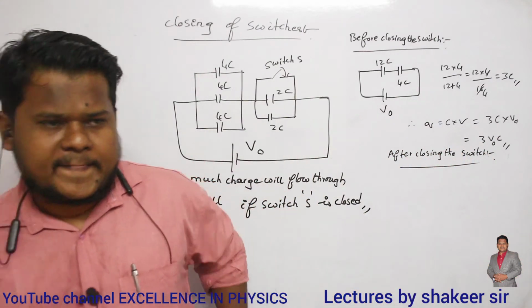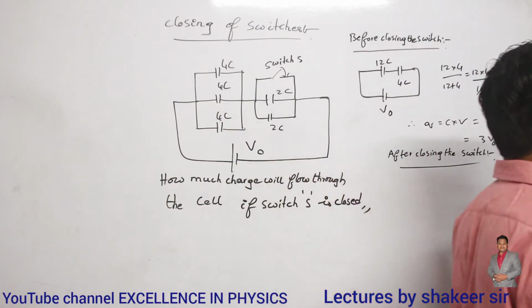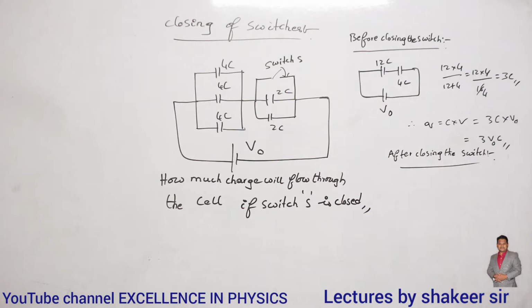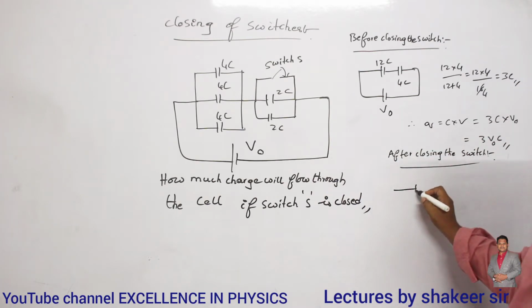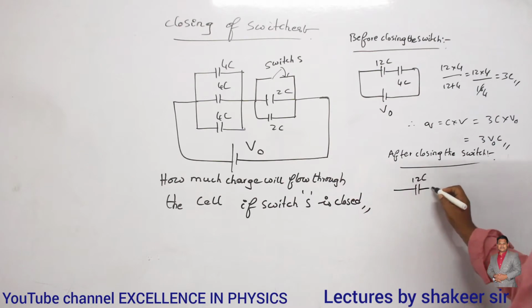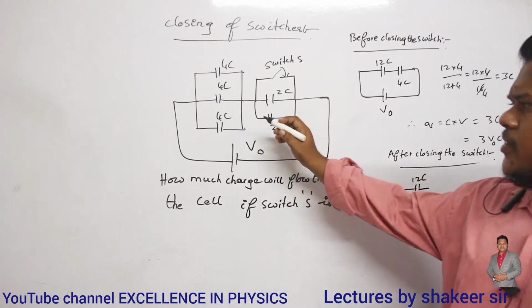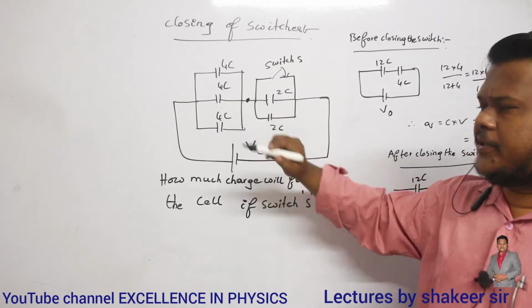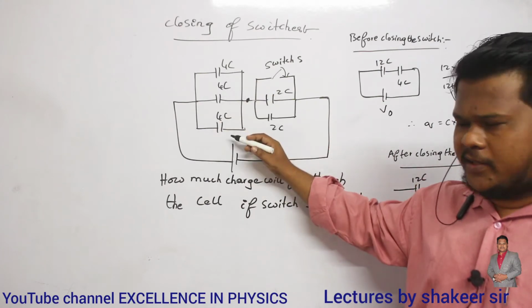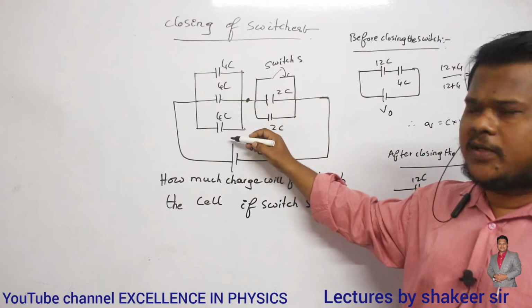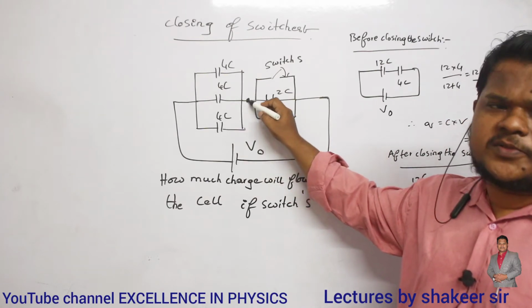After closing the switch, I can draw the circuit like this. So 12C, clear? After charge reaches this point, it will pass through 4C, 4C and 4C equally because all the capacitors are equal. Then the total charge will reach up to here.